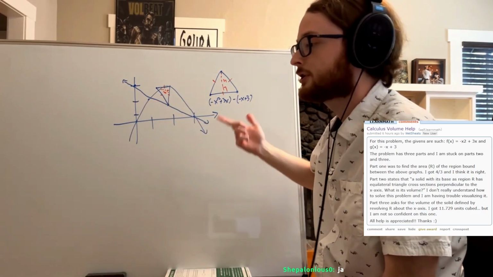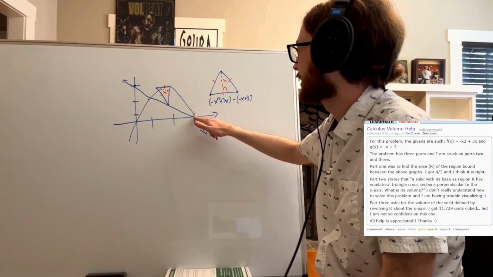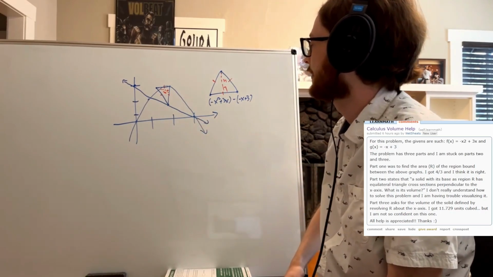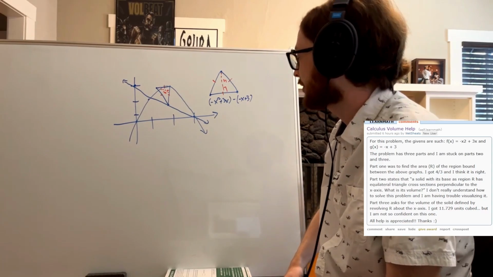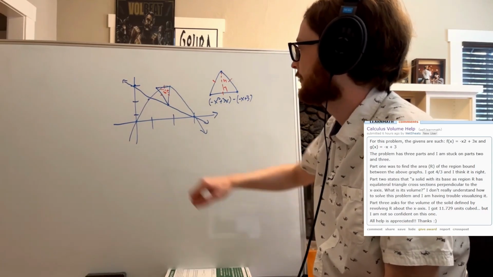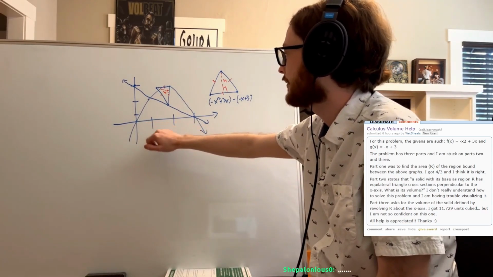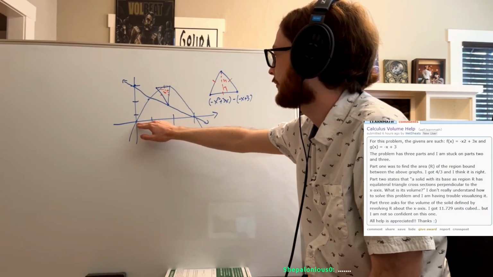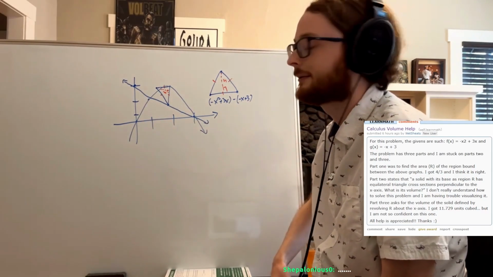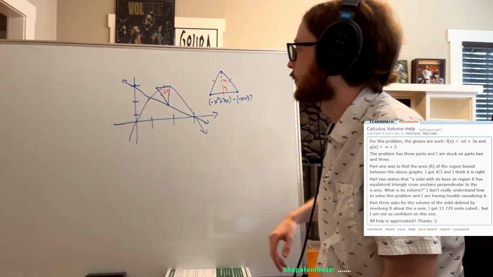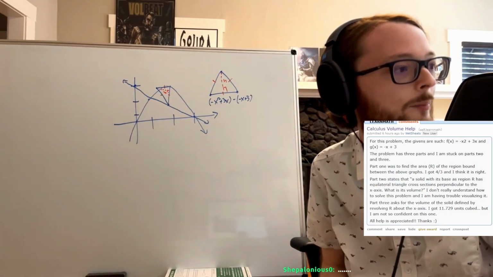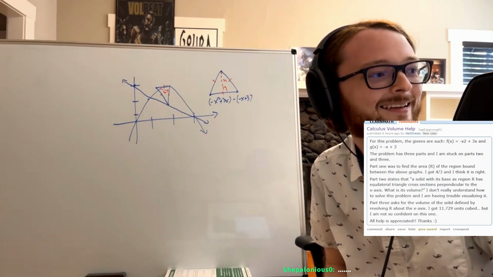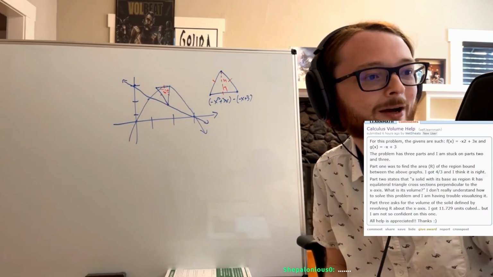And I remember from the graph that the line intersects the parabola at x equals 3. In the parabola, I found the zeros by factoring it in my head. So it hits the x-axis at x equals 0 and x equals 3. And I remember from the graph that they intersected at that 1, 2 point. So I cheated a bit, but I could have also figured it out. I was just being lazy.